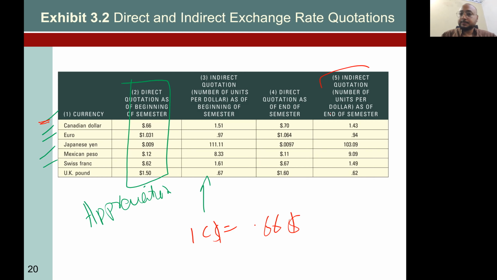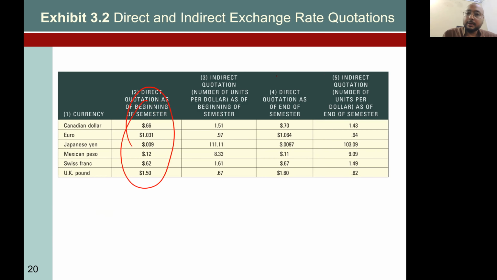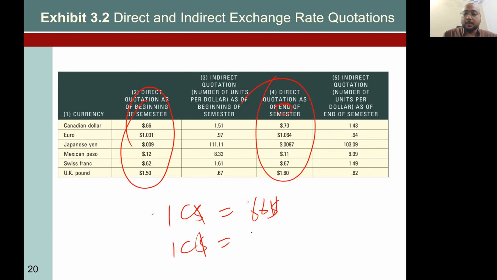This is the beginning of the semester. At the end of the semester, 1 Canadian dollar is equal to $0.70. So 1 Canadian dollar is equal to $0.66, and at the end of the semester, 1 Canadian dollar is equal to $0.70.